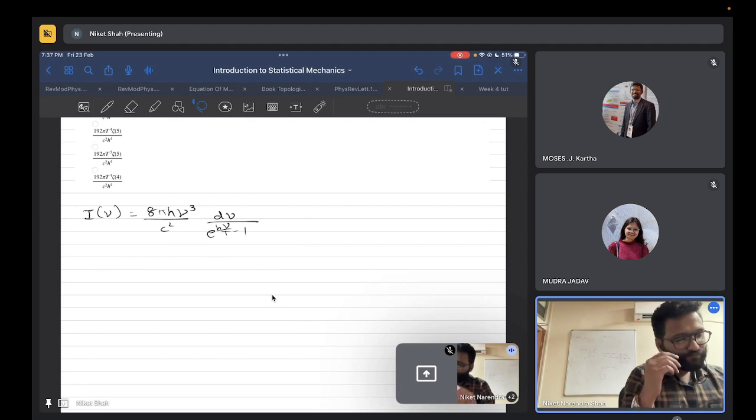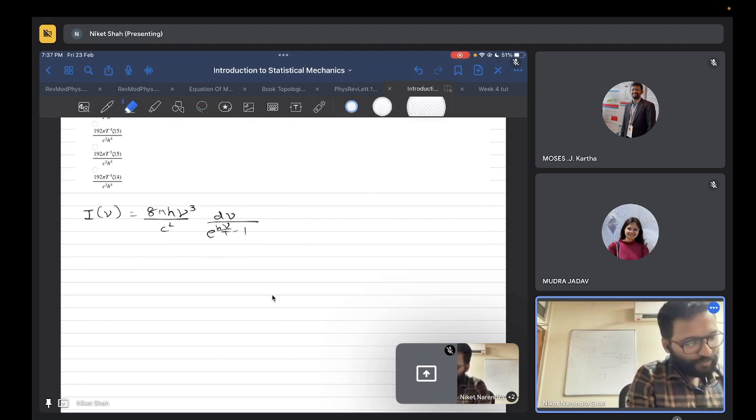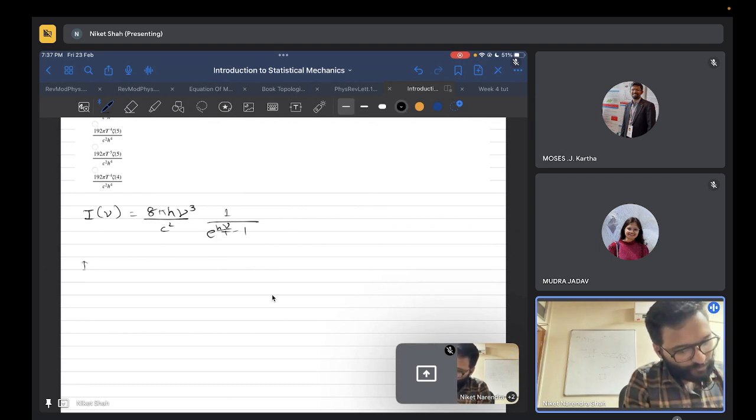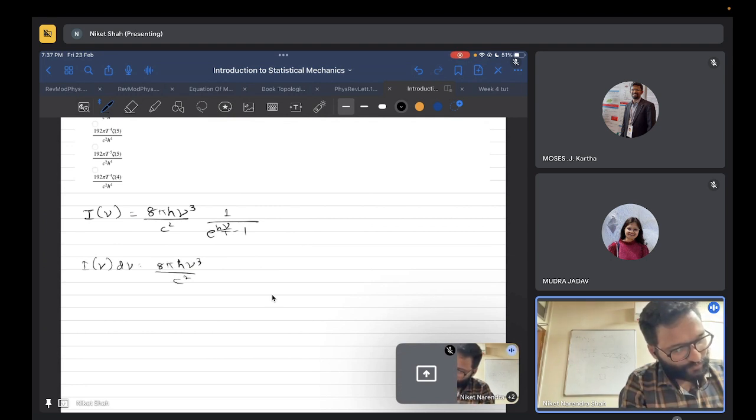So I nu is only this part. I nu d nu is equal to 8 pi h nu cube by c square times 1 by e to the power h nu by kT minus 1.